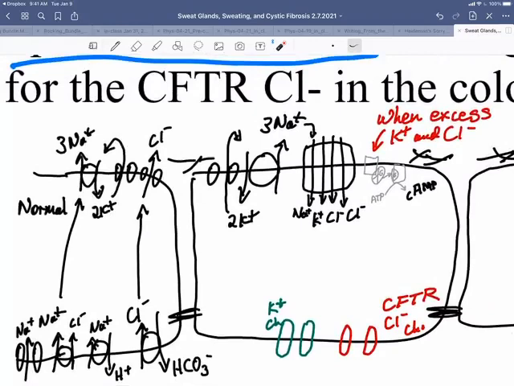But during cholera, that gets messed up. The cholera toxin moves into a cell. It's endocytosed into a cell by binding to a surface protein.